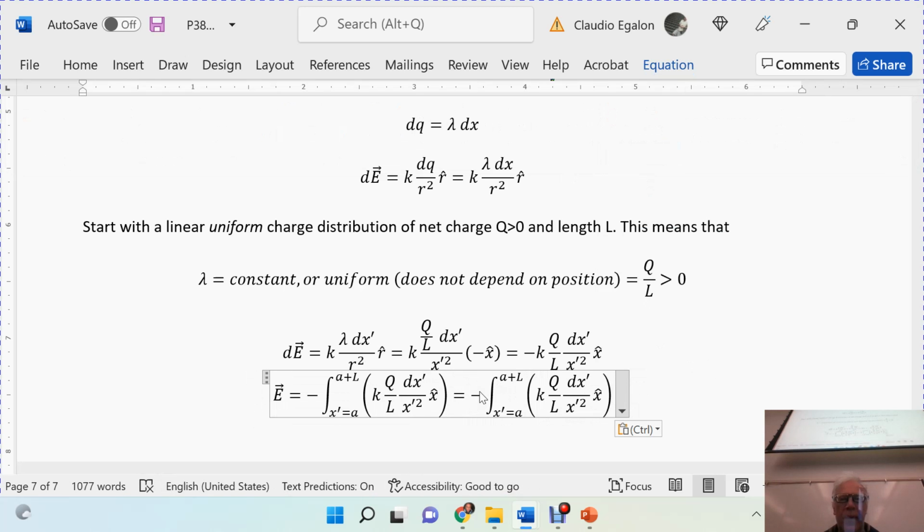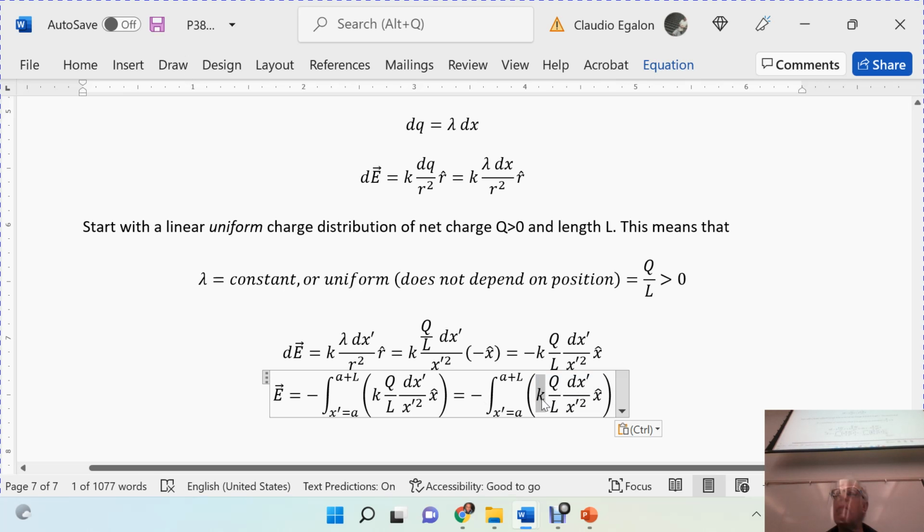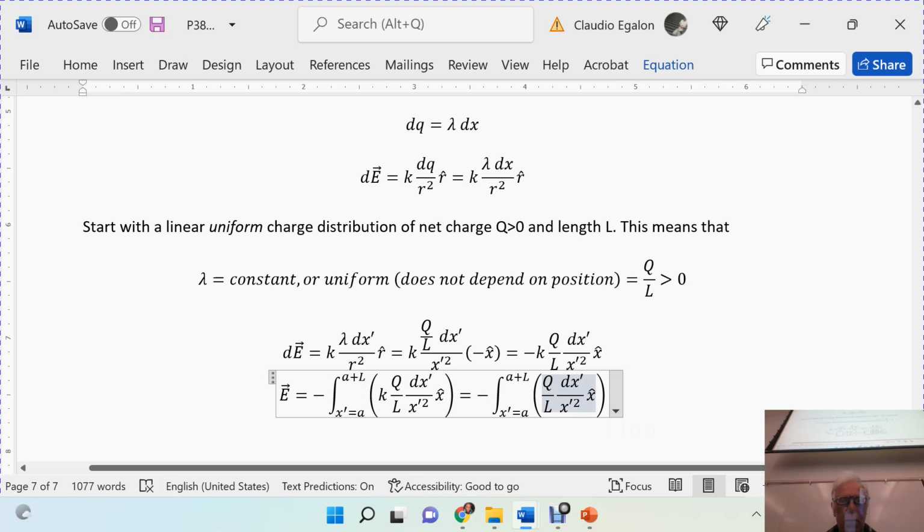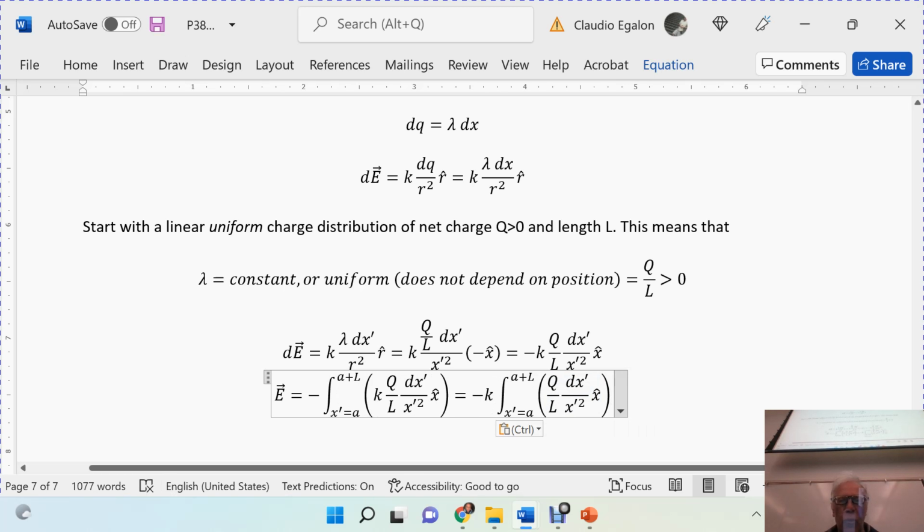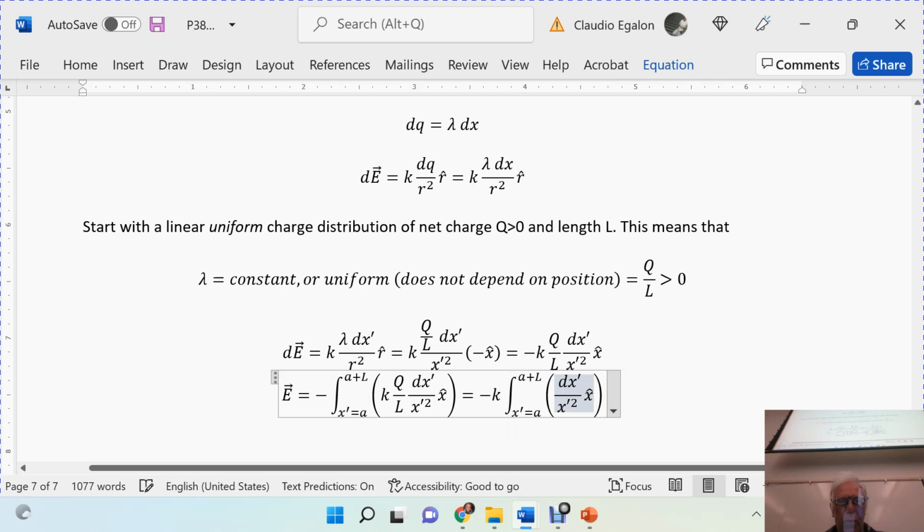What can I take out of the integral? What can I not take out of the integral? Is this guy constant? Okay, so let's take it out. Is Q constant? Is L constant? Okay, so let me take them out.